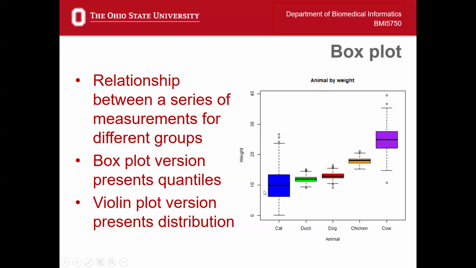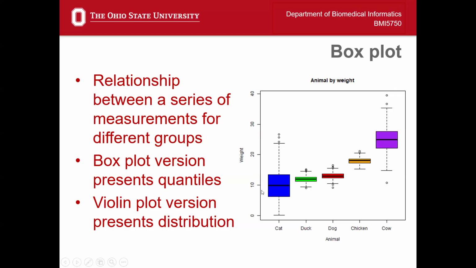Then inside there's a box. The thick line in the middle of this box is our median, I think. And then the upper and lower parts of this box are what's called the interquartile range. One end is the 25th percentile, and then the top part is the 75th percentile.